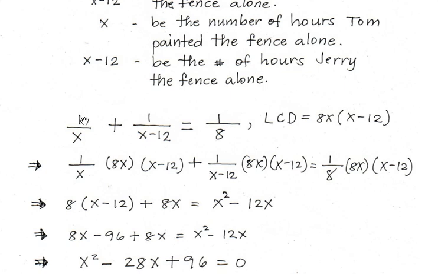So let me read: 1 over x plus 1 over x minus 12 equals 1/8. Now what is the LCD of x, x minus 12, and 8? Well, we have 8x times the quantity x minus 12. This LCD will be multiplied to each term of the rational equation. And it's done here.